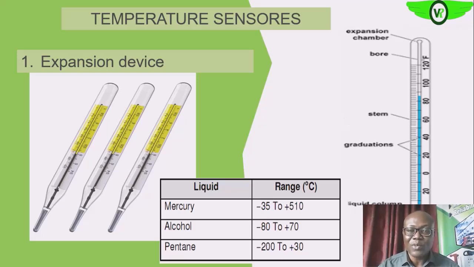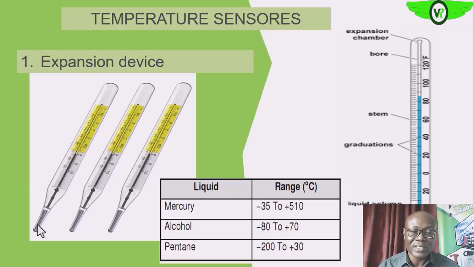Some examples of liquids that expand when heated are mercury, alcohol, and pentane. All of these are used in the mercury in glass thermometer. So this is the mercury in glass thermometer.